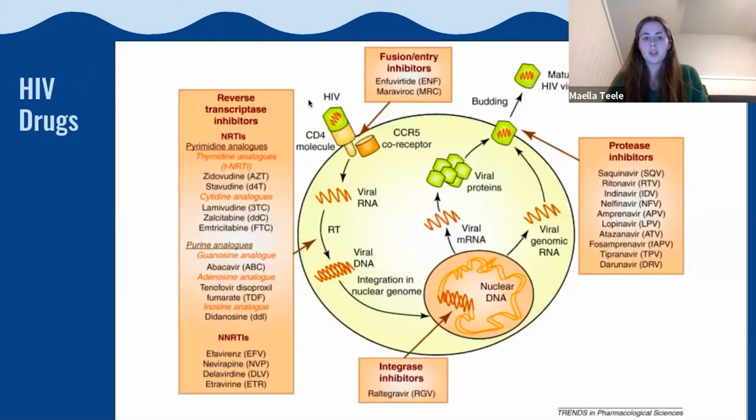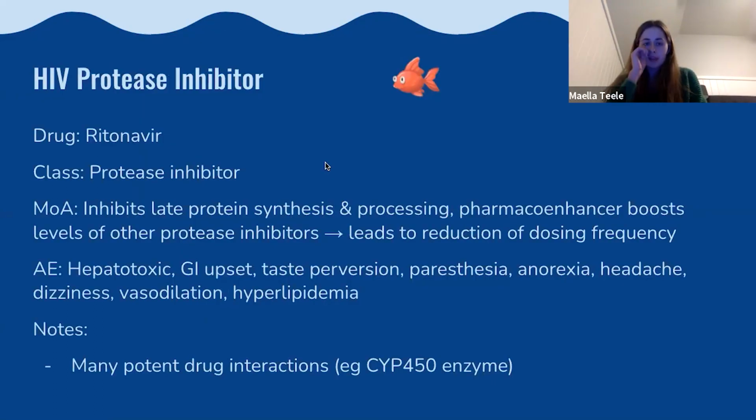This is an example of a whole bunch of different HIV drugs. You don't need to know this, it's just something for you to have a look at. You've got your protease inhibitor, ritonavir, which inhibits late protein synthesis and processing, and leads to a reduction of dosing frequency because it boosts the levels of other protease inhibitors.